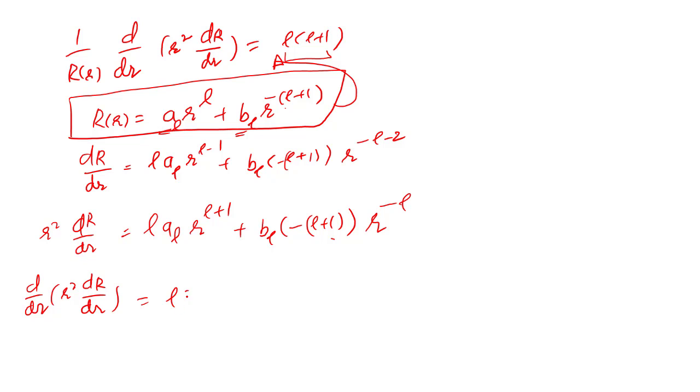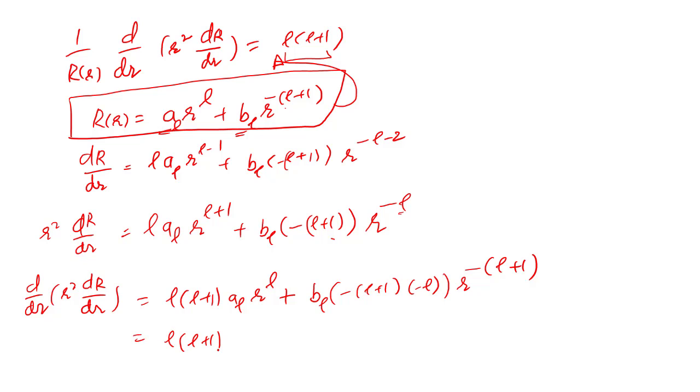So if I do that, I get L into L plus 1 AL r to the power L plus BL times minus of L plus 1. Now again I get another minus L, and r to the power minus L minus 1, so that's minus of L plus 1, and so I have L into L plus 1 AL r to the power L plus, there is one minus sign, another minus sign, so overall they become plus, and I have BL times L into L plus 1 r to the power minus L plus 1.